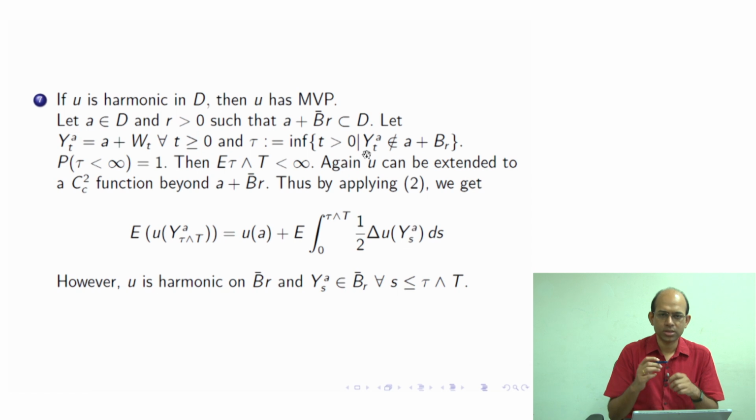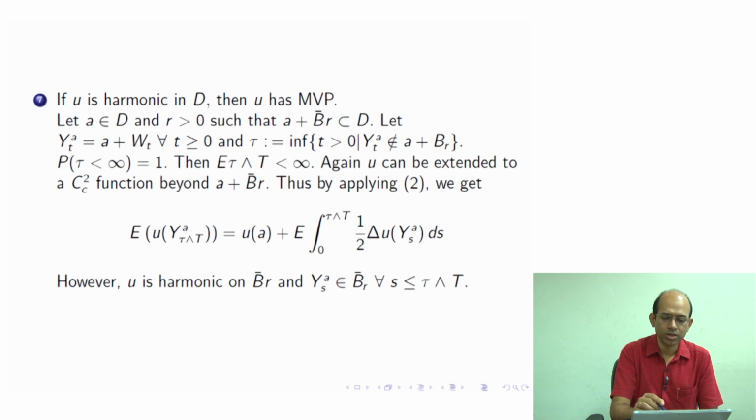It starts at the center A, and at some time when it leaves, we call that tau, the exit time from the ball by the process Y. Now, as we have already discussed before, the probability that tau is finite is 1, because it is a bounded ball. Then the expectation of tau minimum t.